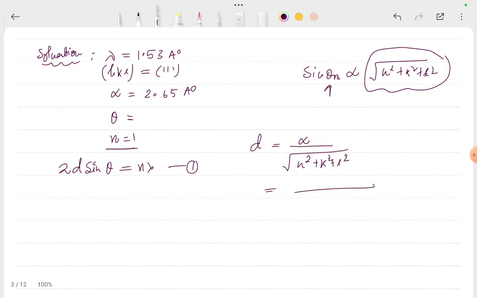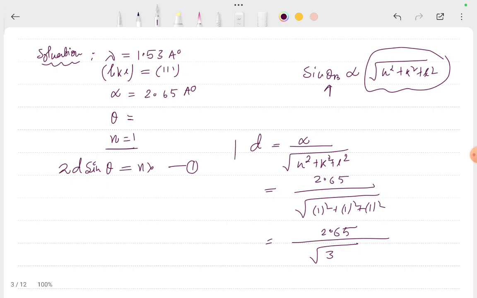The value of a is 2.65, and it is 1 square plus 1 square plus 1 square, so d equals 2.65 upon root 3. This is the interplanar spacing d111. Just remember this value.